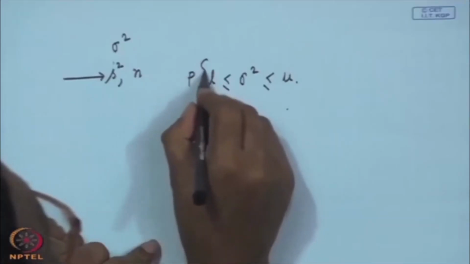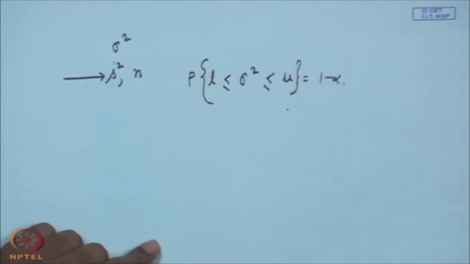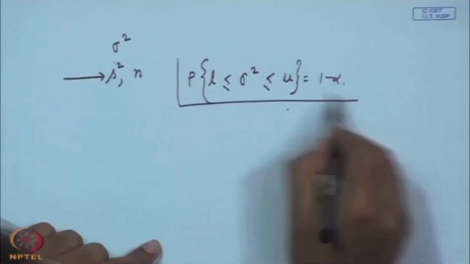So, that means if I know the distribution, I can say this is 1 minus alpha. In true sense you want to do it like this, that is what you want basically.